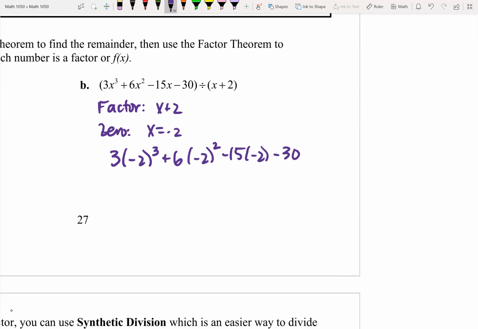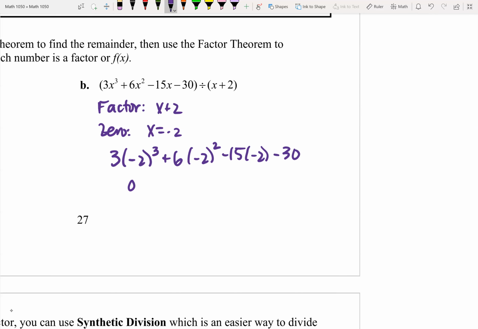Let's all go -2, store, enter. Then let's put that in. So 3, multiply, enter. Hit that caret button, that up arrow on the left, to the third. Plus 6, multiply, enter, x squared. Minus 15, multiply, enter. Minus 30, enter. And we got a 0.